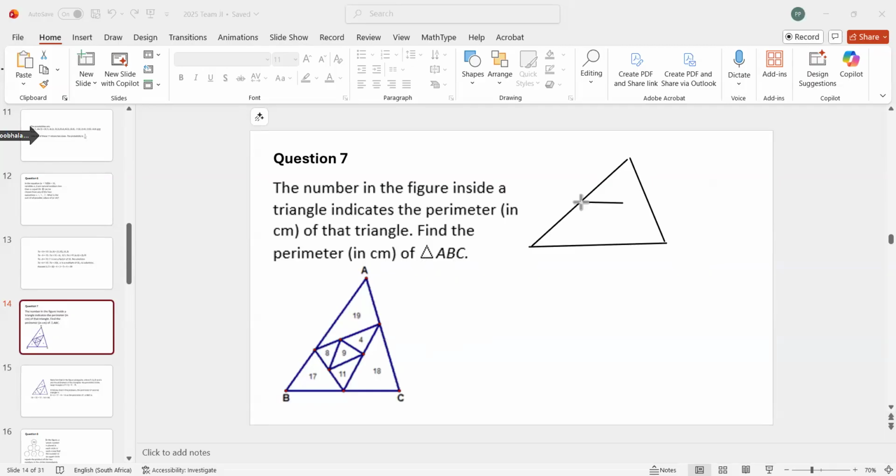And suppose I know the three perimeters. I'm not going to give any numbers. Suppose I know the perimeters, I say X, Y, Z, and W. So do I know the perimeter of the large triangle, the outside triangle? That's the question. You find the perimeter of the outside triangle.